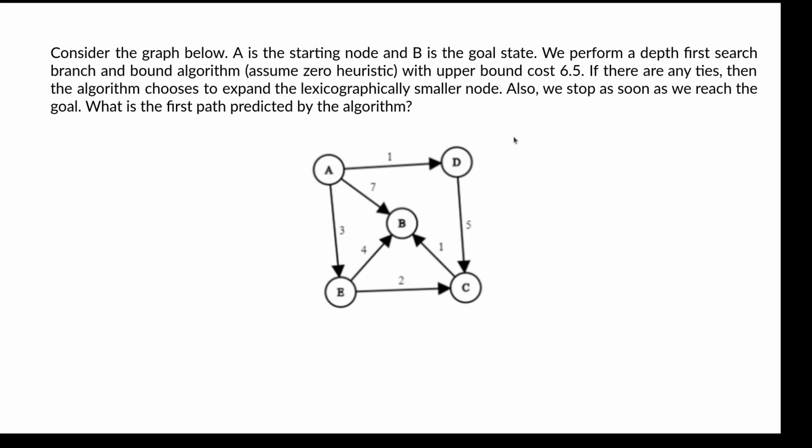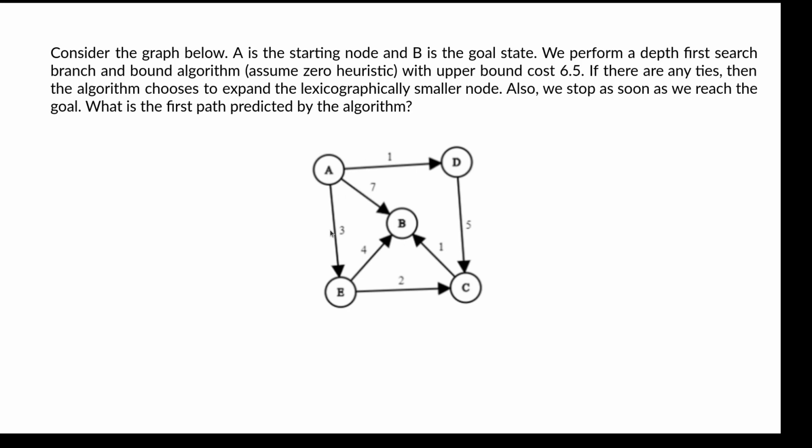It's given already the branch and bound cost is 6.5. So we are not going to take A to B because that path costs 7 and we have a bound of 6.5. Can we go A, D, C and then B? No, we cannot because it is again crossing 6.5, as it is becoming 7.